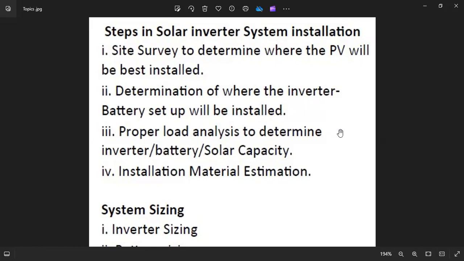You understand? If you are installing a solar panel in a particular location, the first thing you need is a clear line of sight or clear position on the rooftop. If rooftop is my option, it should be south facing.